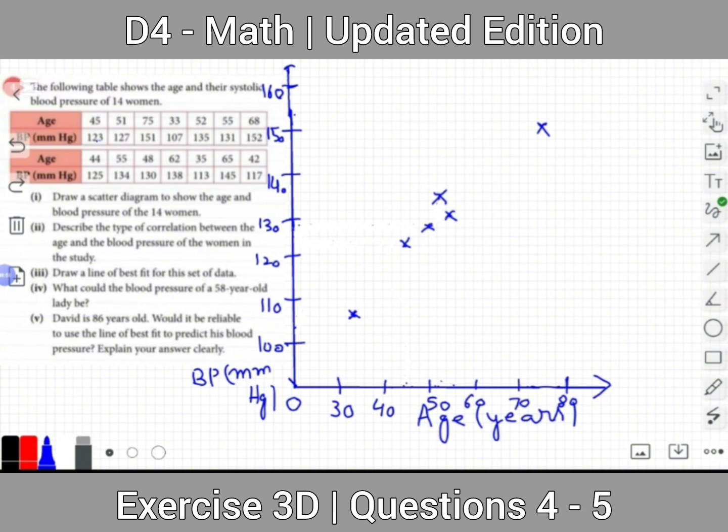Now for the ordered pair 68 and 152, here we have 68 somewhere here. From 68 we have 152. Here we have 150 and 152. So we'll put a cross here.